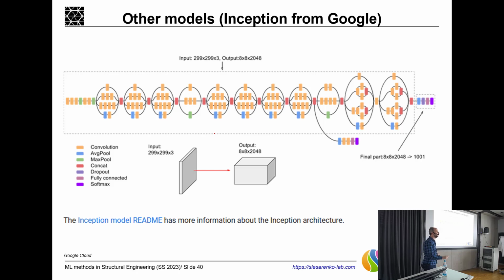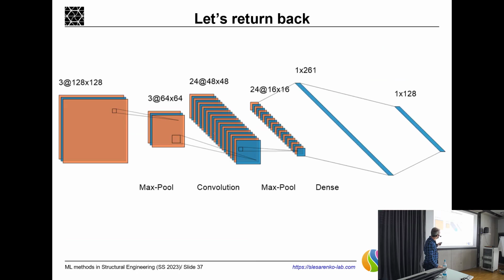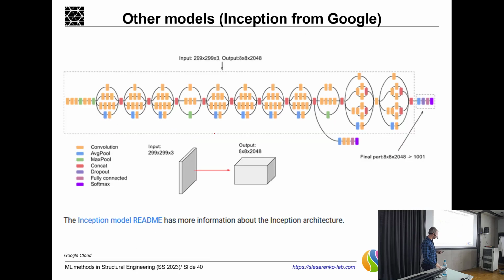Why do we have this big output here? Usually, as you progress, and actually in this example as well, the number of channels is increasing and the size is decreasing. So this is a classical way to do that. There are quite a lot of channels, but that's not the biggest thing here.